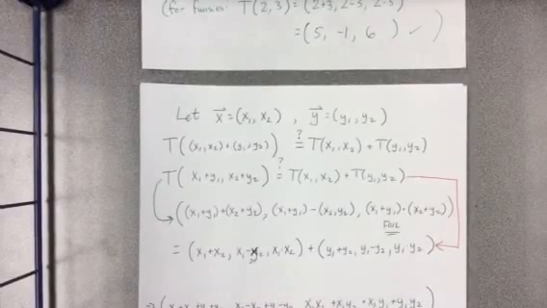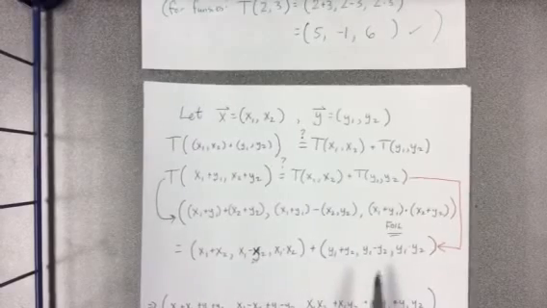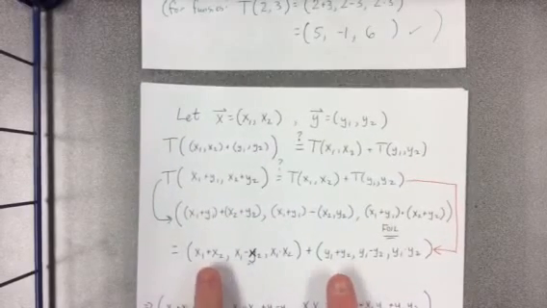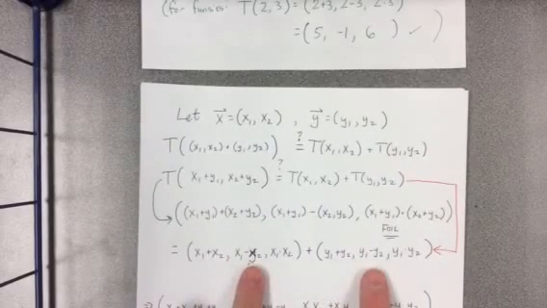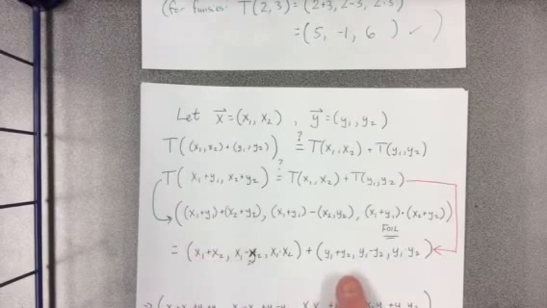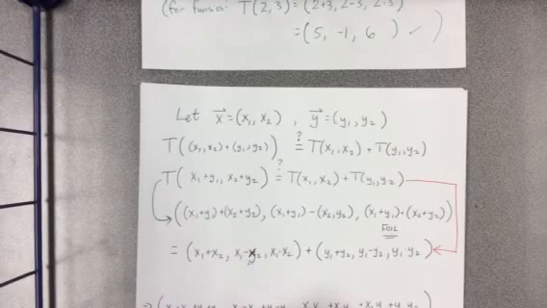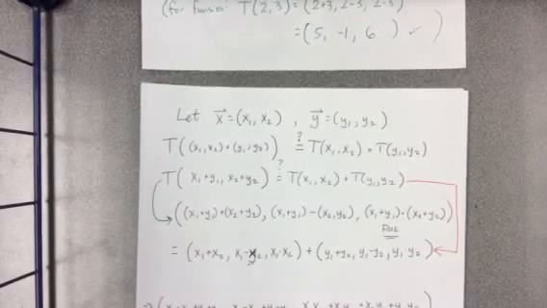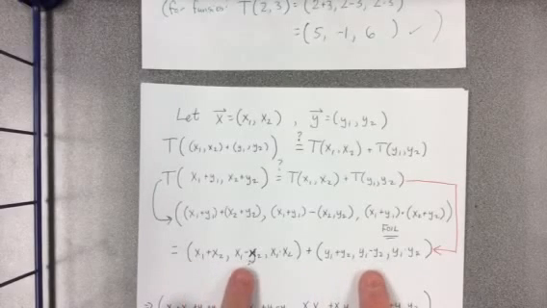The question is, once again, is this equal to the right-hand side after we add these together? So again, we're adding together vectors in R3, which means that we'll be adding them together component-wise. So we add the first components together. We'll get x1 plus x2 plus y1 plus y2. Then we add the second components together.